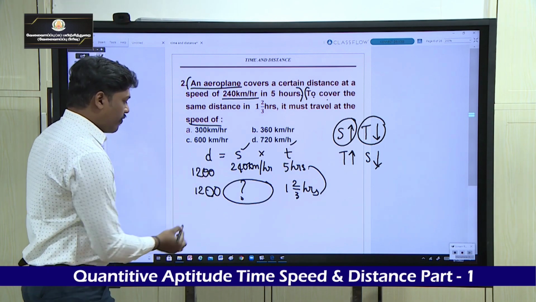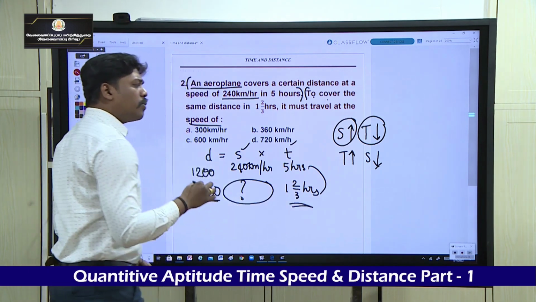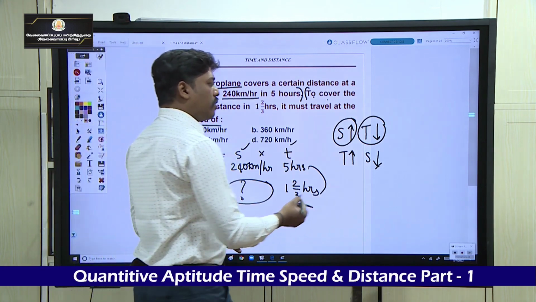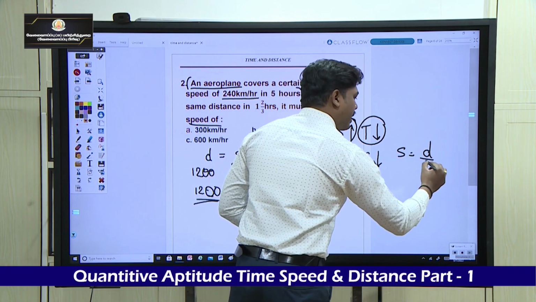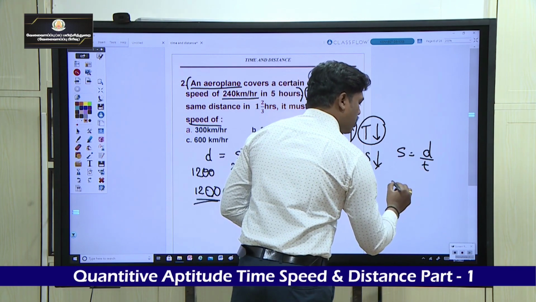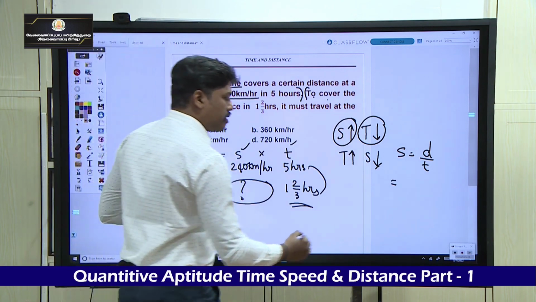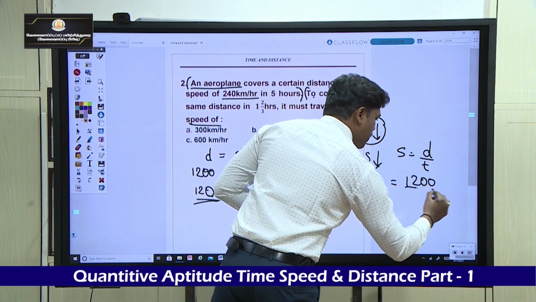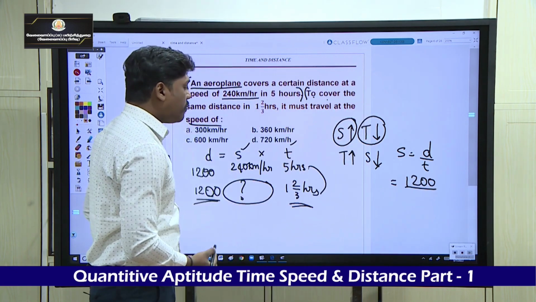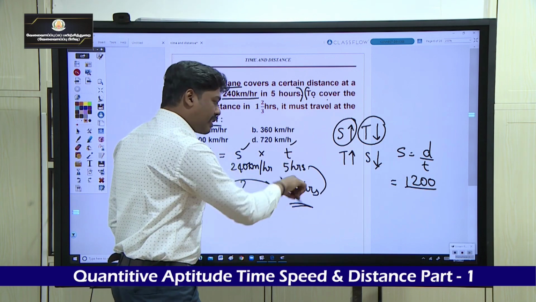Okay. So now we are having the distance and the time taken. How to find speed? Speed is equal to distance by time taken. What is the distance I am having here? 1200. What about the time? We are having the time in terms of a mixed fraction. First convert into a fraction.